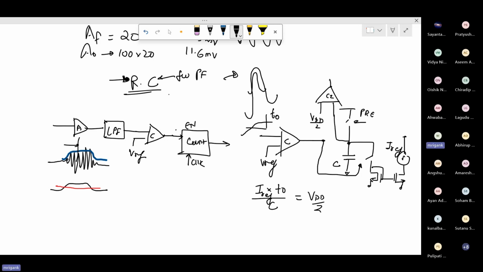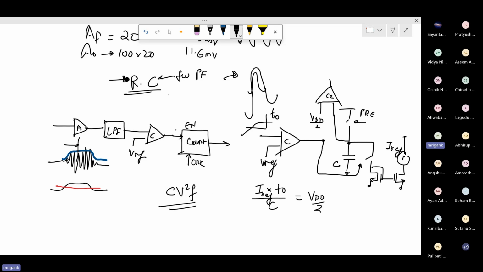because for the digital circuits, what is the power consumption? CV square F. So the CV square F will always keep running. The counter is running with some clock frequency, so this power consumption will always keep happening. In this case, there is no such counter always running, right? You just have static circuits.